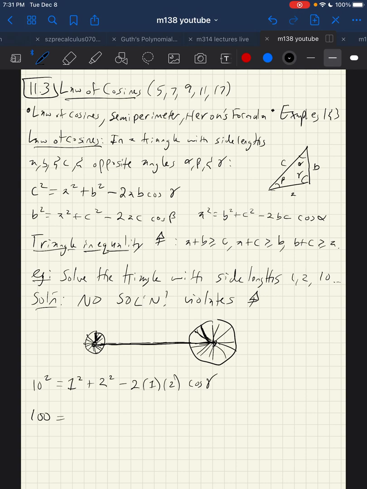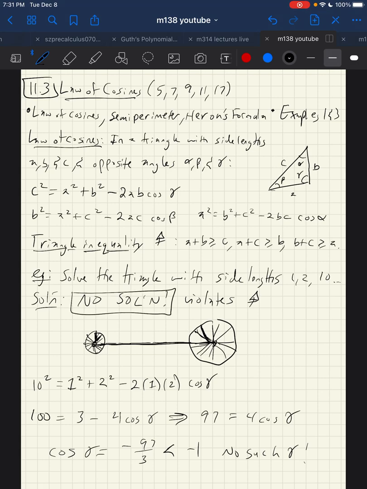We get 100 equals 3 minus 4 cosine gamma, which tells me that 97 equals 4 cosine gamma, which tells me that cosine of gamma has to equal negative 97 over 3. But that is much, much less than negative 1, which is the minimum value of cosine, so no such angle.